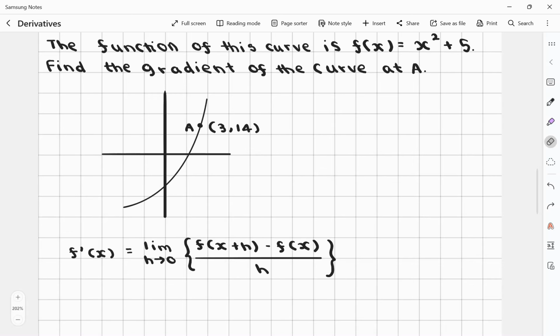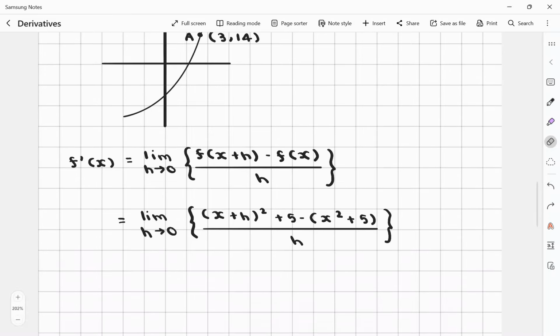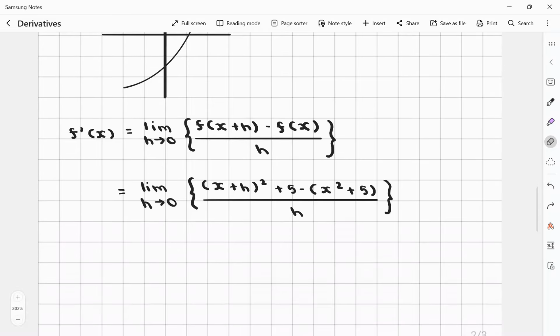And wherever x comes up, we substitute x plus h in its place. So x plus h whole squared plus 5 minus x squared plus 5. The brackets must be around x squared plus 5 because the original formula states that it's minus f of x.